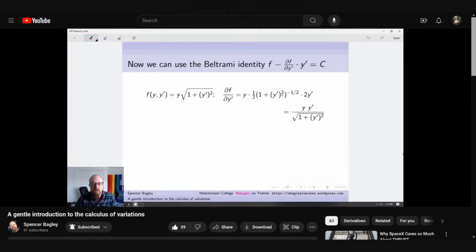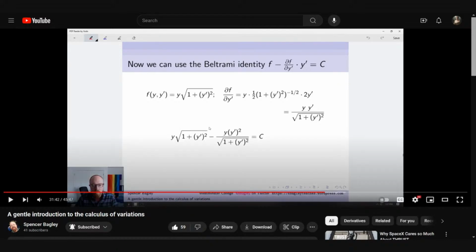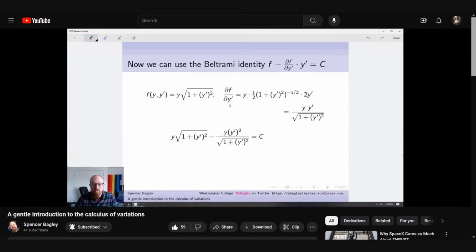So then if I throw these pieces into the Beltrami identity, here is what I get. Here is my f, which is what we started with, minus the partial f partial y prime, which is what we got, times y prime, is equal to a constant.